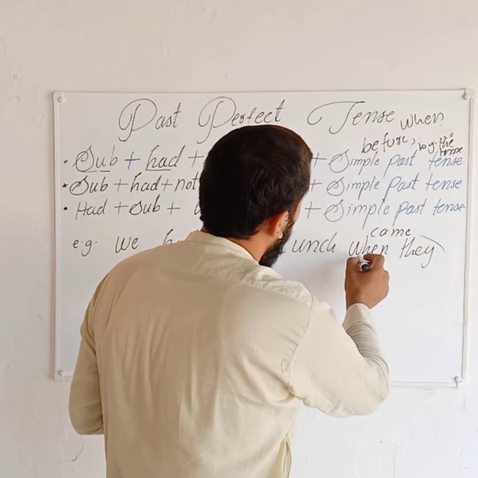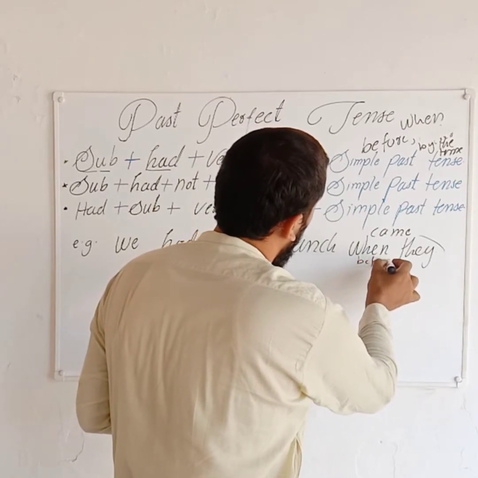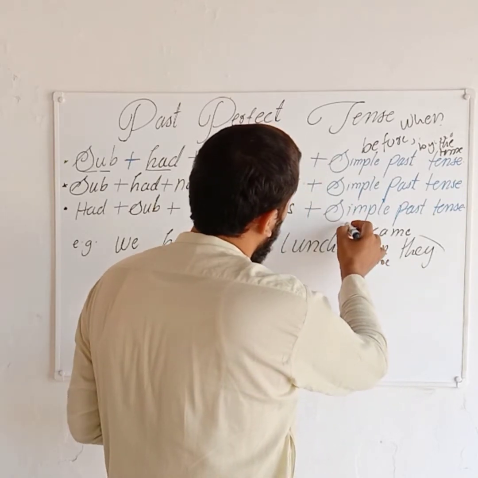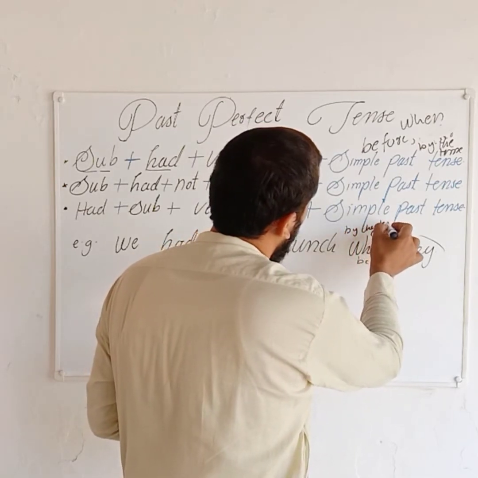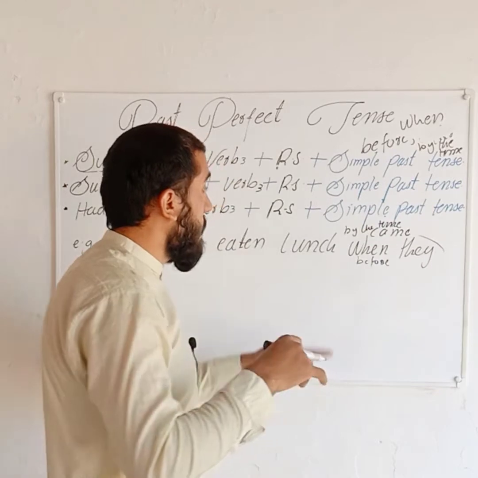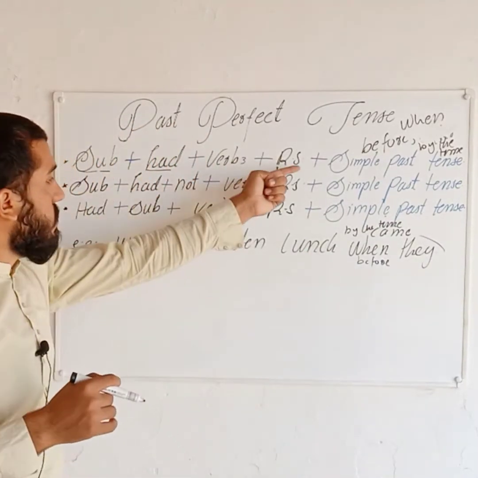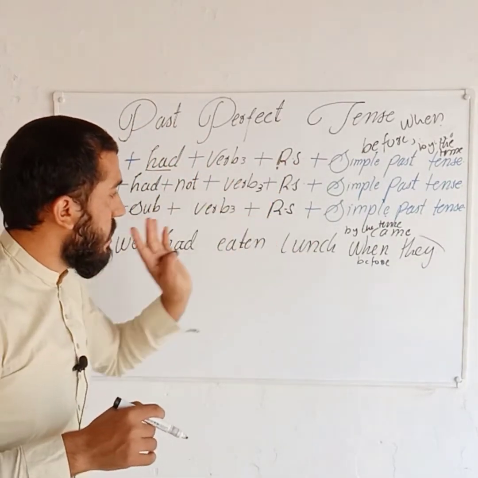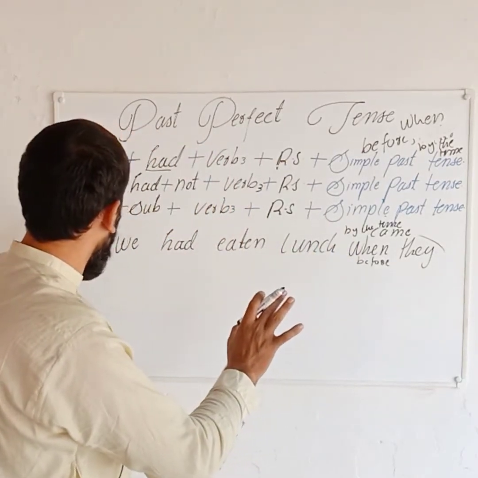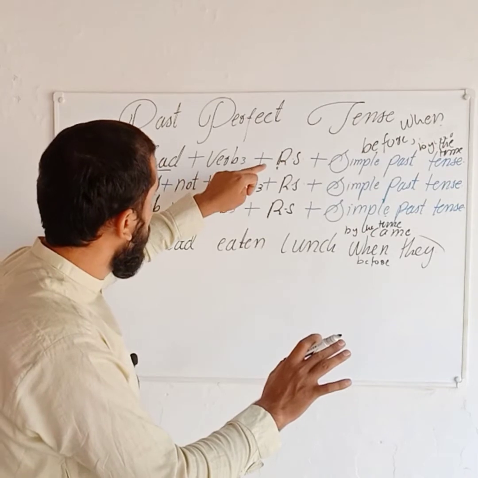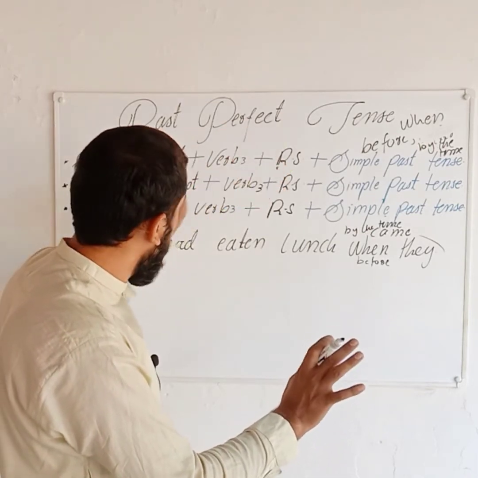Or you can say we had eaten lunch before they came. Or you can say we had eaten lunch by the time they came. Simple past tense we use. This is the positive structure. We had eaten lunch. This is past perfect tense. Up to this place, it is past perfect tense because subject plus had plus verb 3 and the rest of the sentence for object.